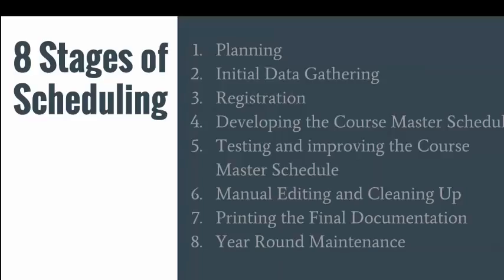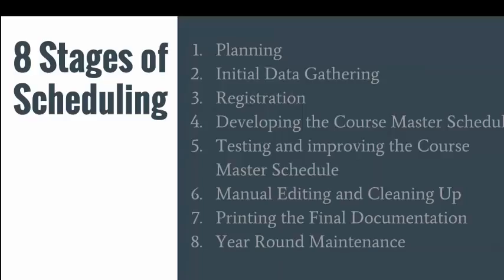Testing and improving the course master schedule. This is where if you find that some students aren't within courses or you need to add new sections, definitely try different schedulers out, try changing some constraints, try adding students into other courses. This would be the time to do it before the new year. Manual editing and cleaning up. This would be on a student-by-student basis, making sure that each student has their ideal schedule.